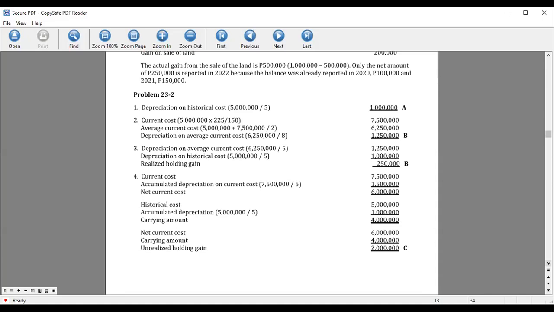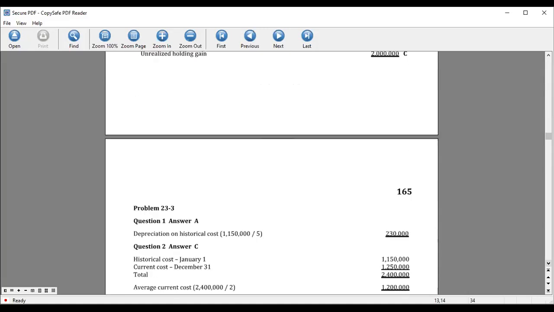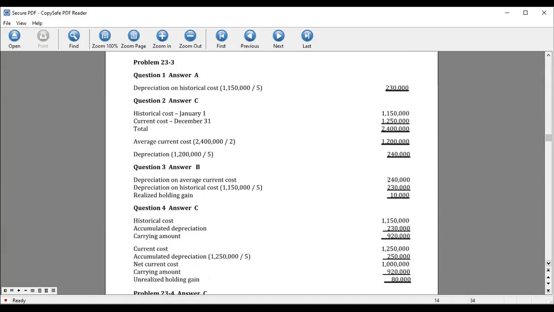Net current cost is 6 million and the carrying amount is 4 million. The unrealized holding gain is 2 million. The asset is still unsold and we have the depreciation to be recognized in the next years.